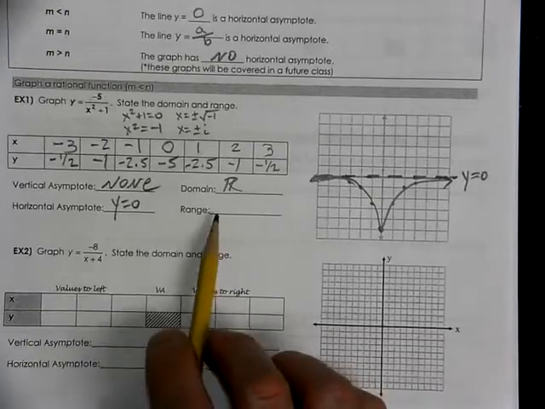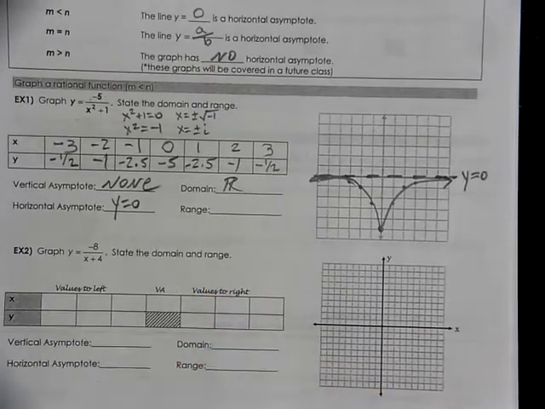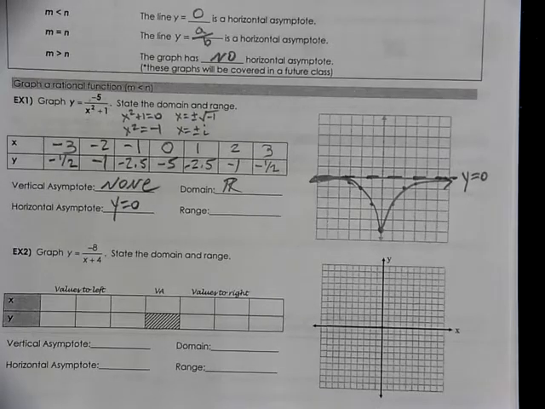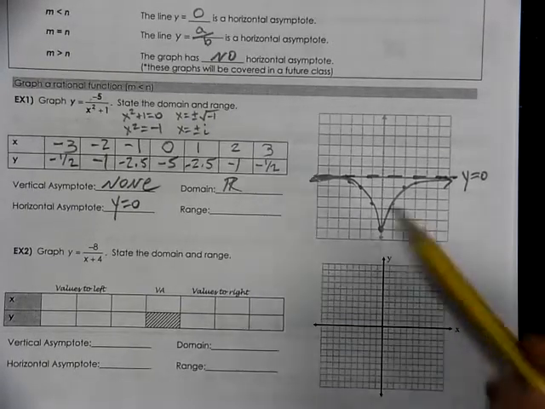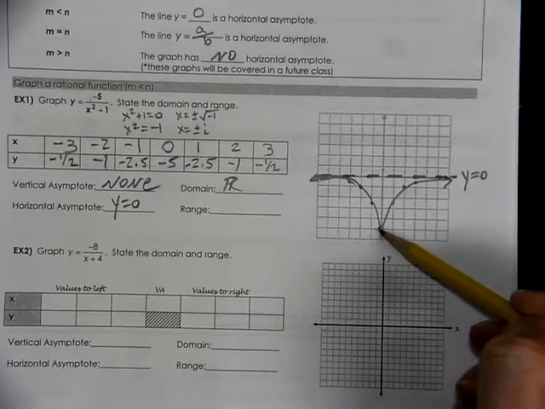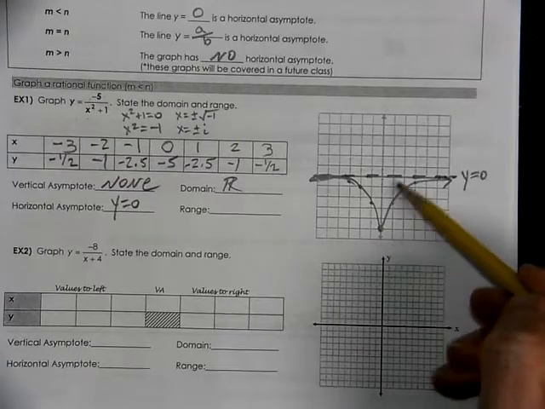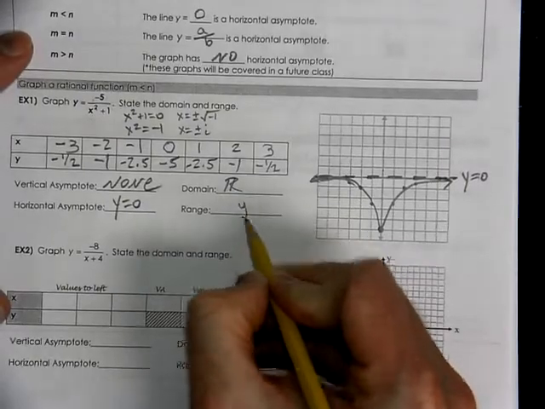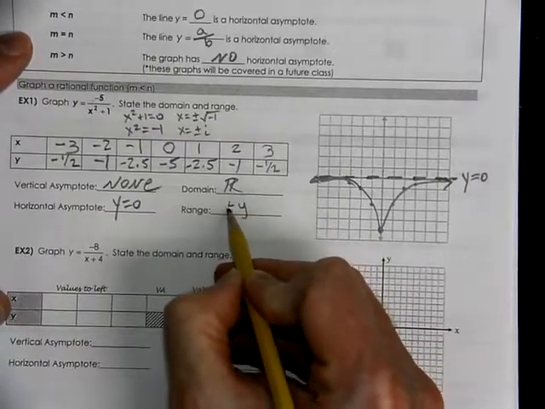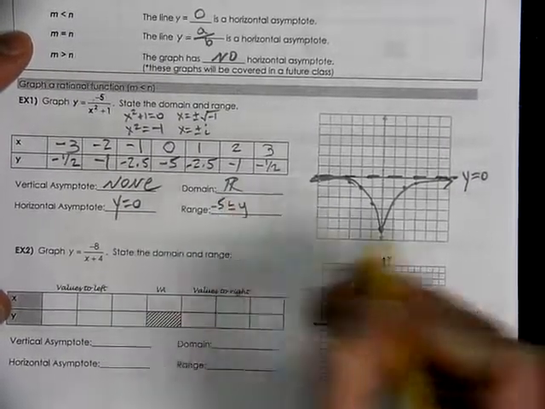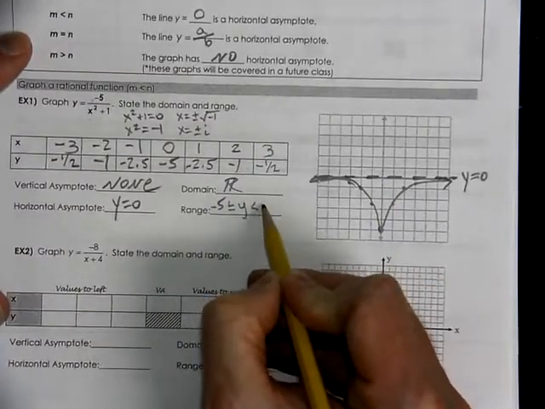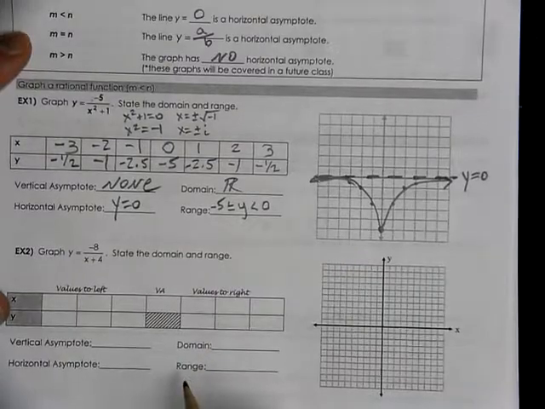So how do we determine our range now? Our range is as low as -5, but it does not reach 0. So our y values are greater than or equal to -5, but it goes all the way up, but does not include 0.